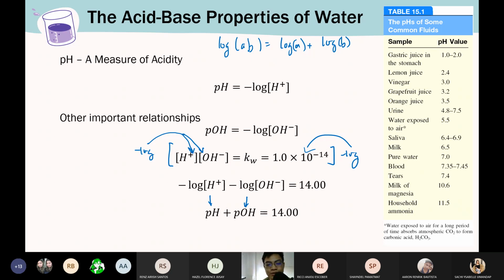Minsan nga may negative pa na pH value, especially if sobrang daming hydronium ion concentration talaga. Minsan naman yung pOH, yung pH lumalagpas ng 14 kapag super basic na talaga ng compound. So tawag natin sa mga yun ay super acids at super bases.